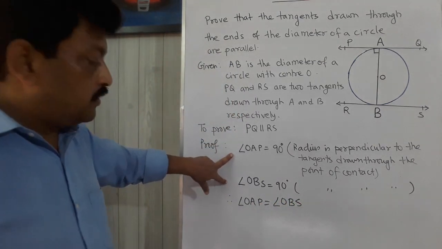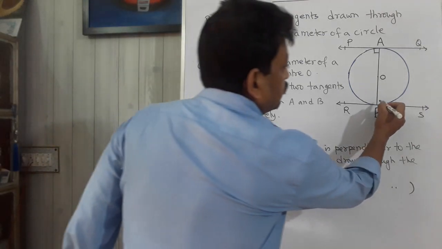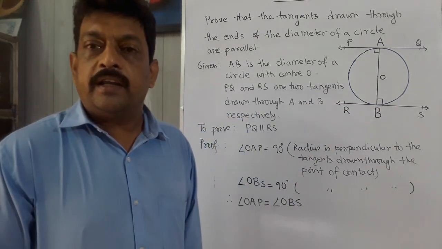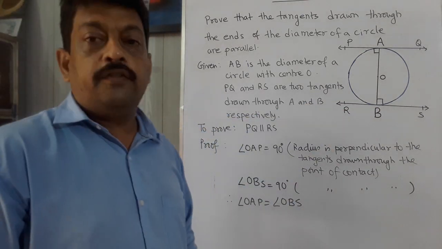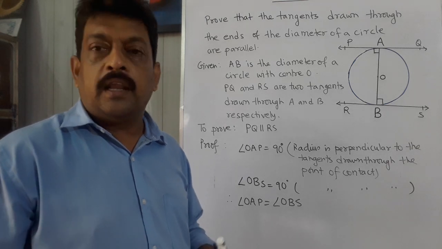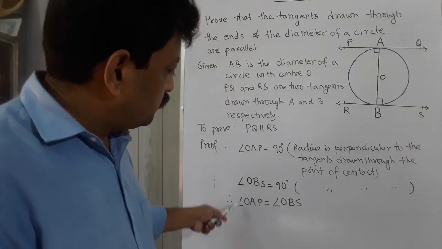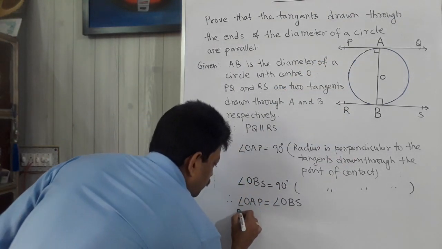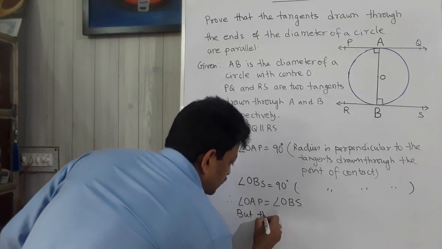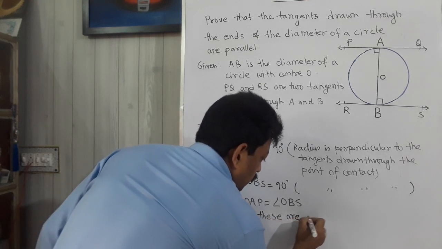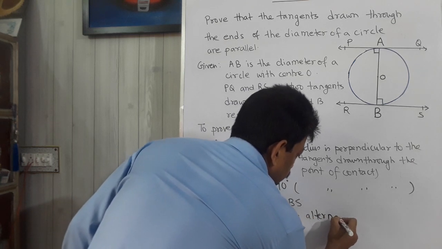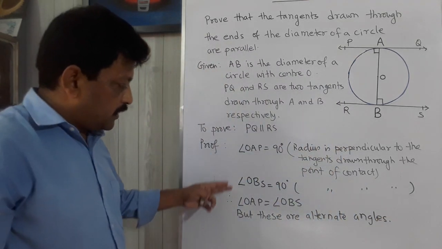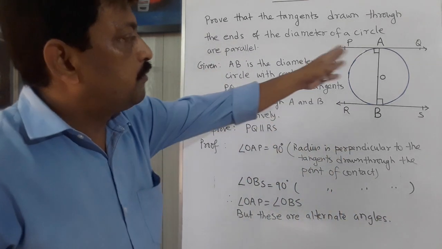From these two equations, but see the figure, angle OAP and angle OBS are alternate angles. We know that if alternate angles are equal, then the lines are parallel. So when alternate angles are equal, the lines become parallel.